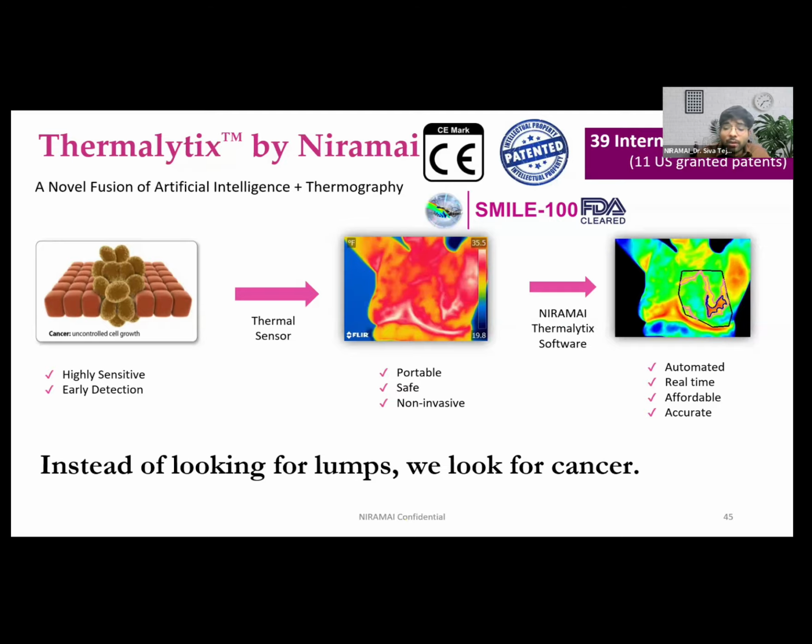In research, it is found that even before forming a mass, the tumor cells employ the existing blood vessels to feed more blood. Now, when they are drawing more blood and creating new blood vessels, they increase the heat pattern. And since many of these are superficial in nature, these might have more heat pattern compared to the surrounding tissues. So that's where thermal imaging can pick up these variations, and we can use it for further classification.